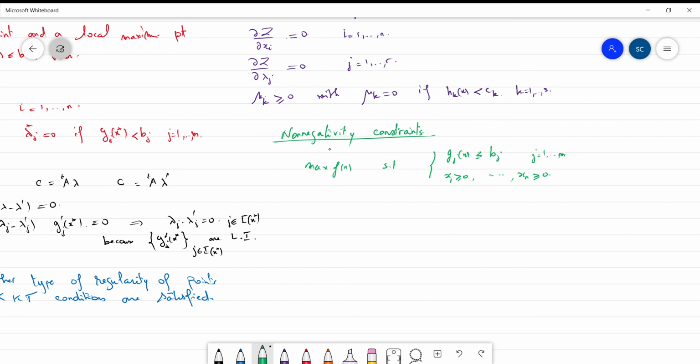We can treat these as inequalities as above by expressing minus x1 less than 0, ..., minus xn less than 0, and write the system of conditions.